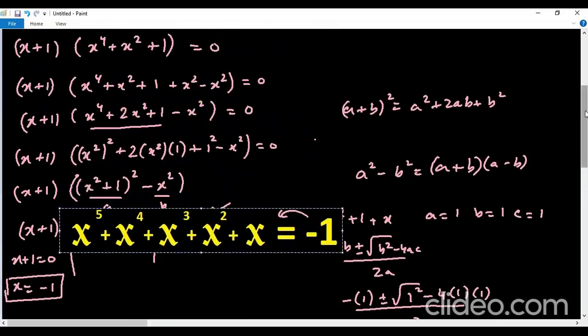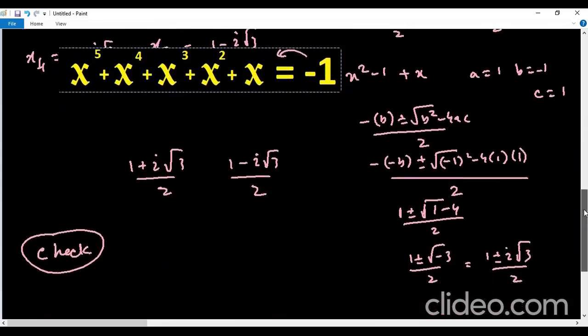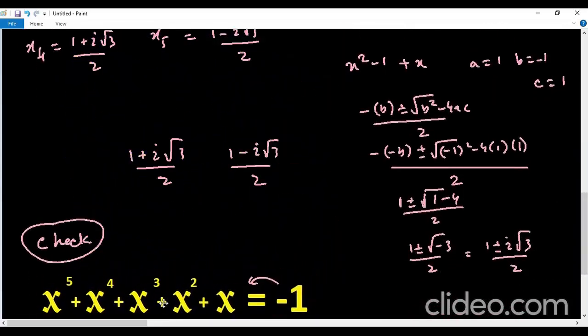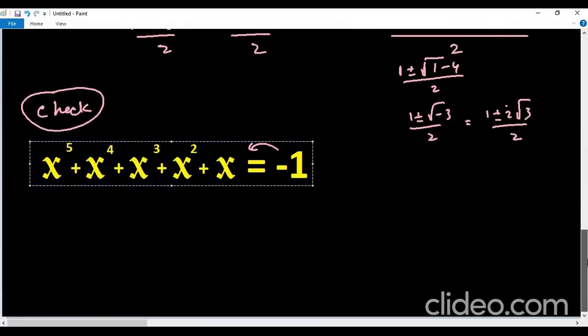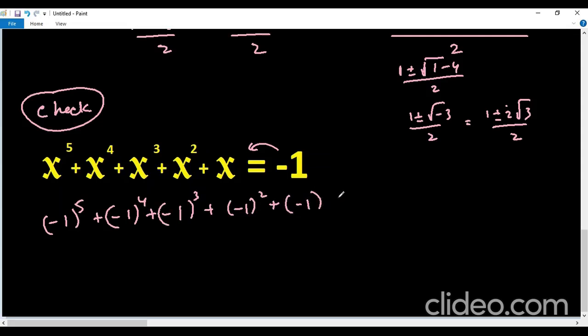If our value is right, it's going to give us negative 1 on the other side. Now for checking, I will write this as negative 1 power 5 plus negative 1 power 4 plus negative 1 cube plus negative 1 square, and negative 1 should give me a negative 1.